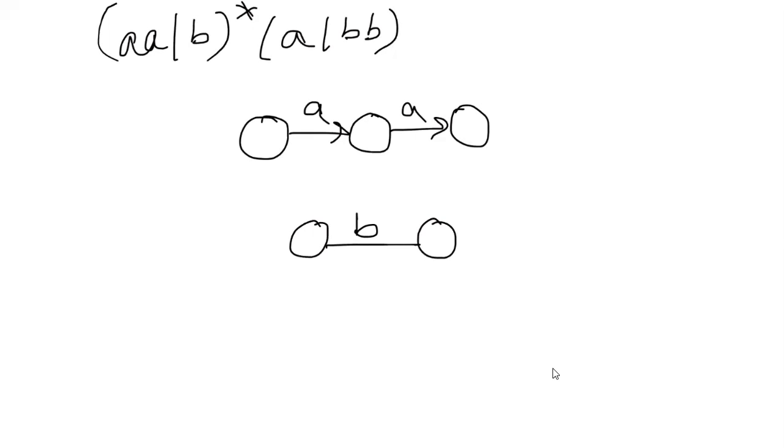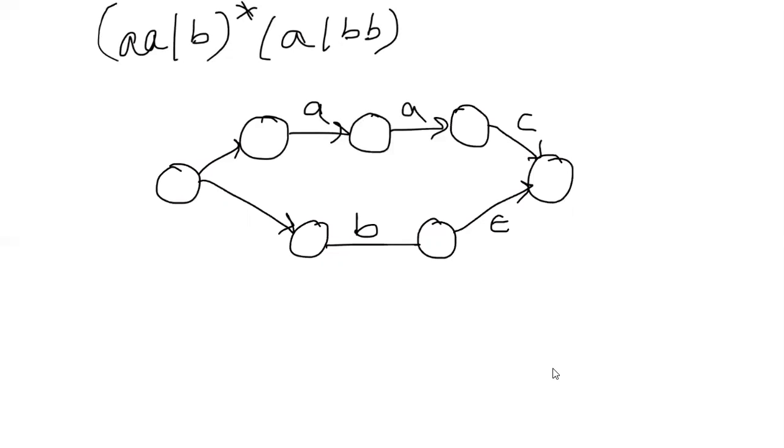All right. Now this can be written again as, since it is a star, since it's an or, I can write it like this, followed by this. So epsilon, epsilon. Here also it is epsilon, epsilon. Okay.